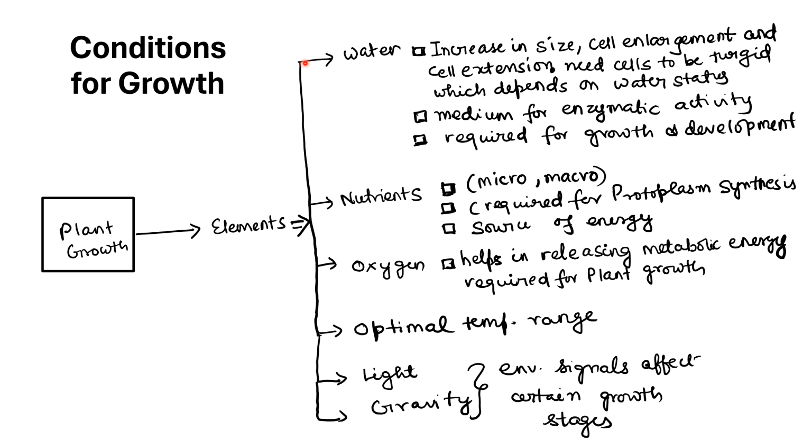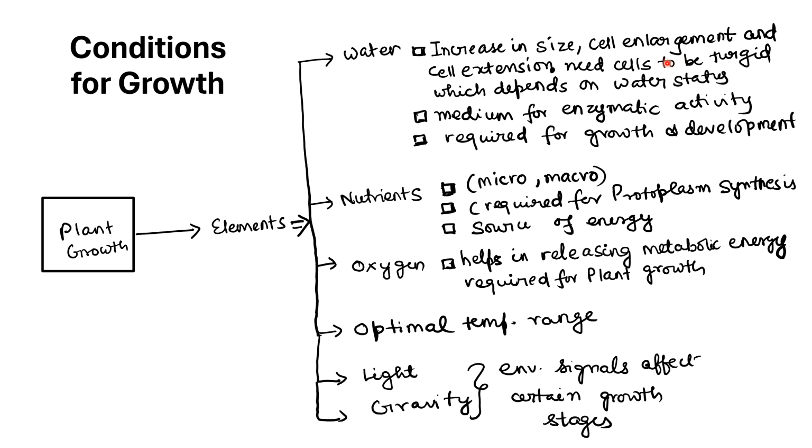If we see plant growth, it depends upon many different conditions. The most important among them is water. Why is water very important? Because it is the main medium in which all the enzymatic activities take place. And secondly, increase in size, enlargement of the cell, extension of the cell, all of them mean that the cell needs to be turgid, or the protoplasm content is increasing, and it directly means that the water status is increasing.